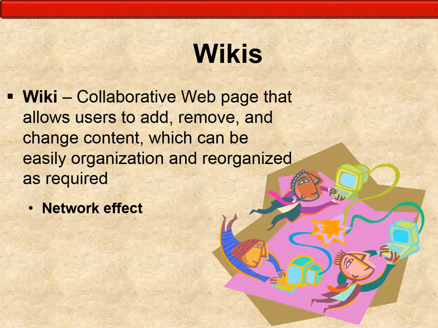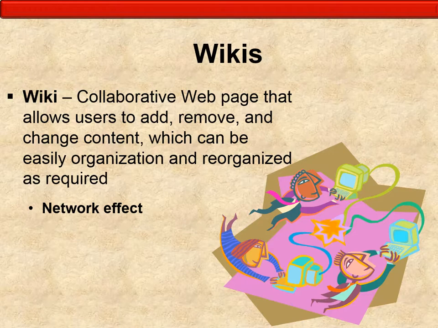A wiki, like we said, is a collaborative web page that allows people to add, view, and delete content. With a wiki, they introduced the term network effect. It describes how products in a network increase in value to users as the number of users increases.